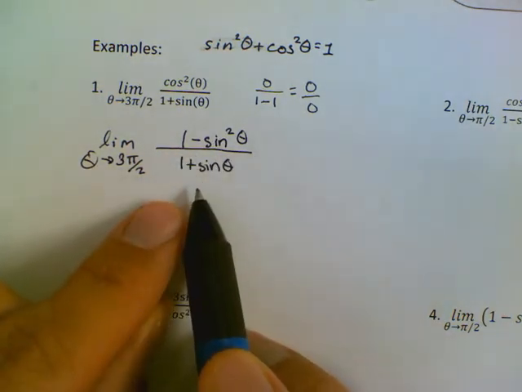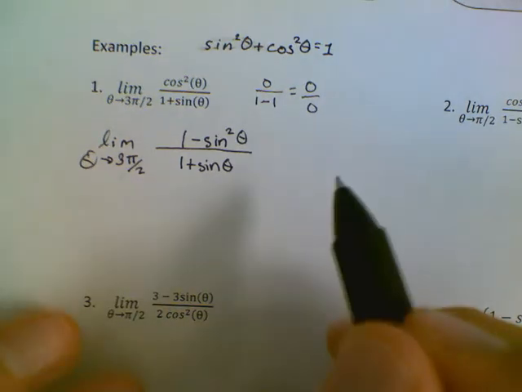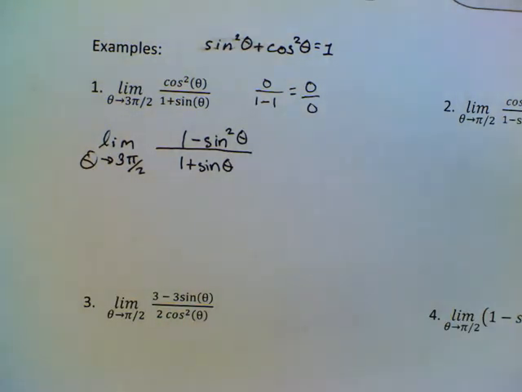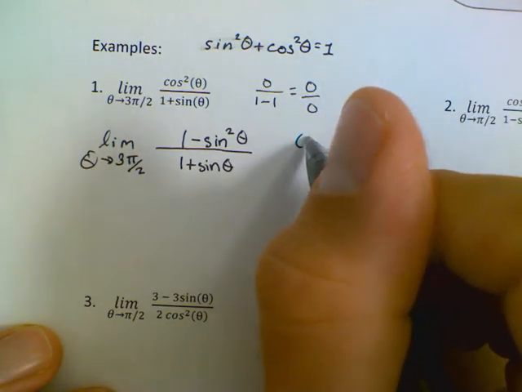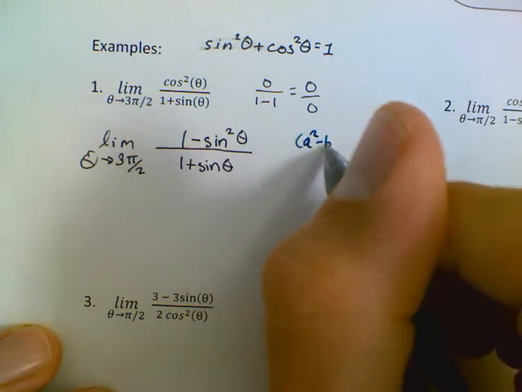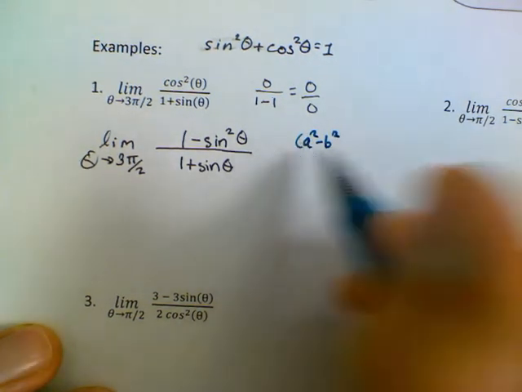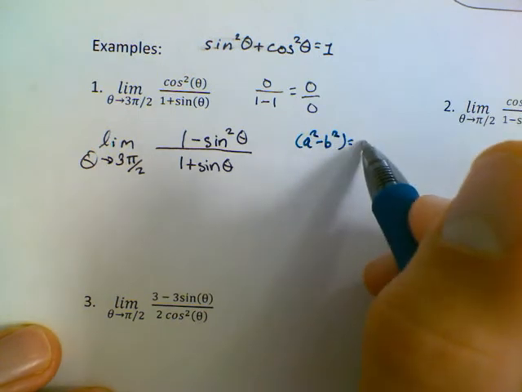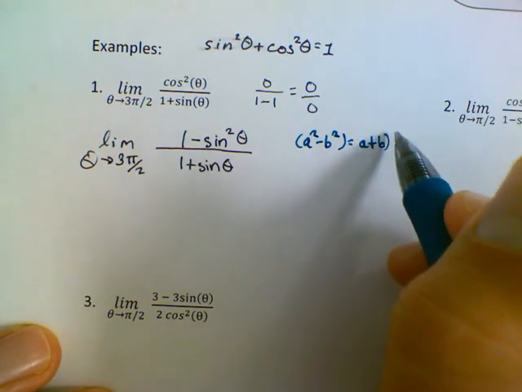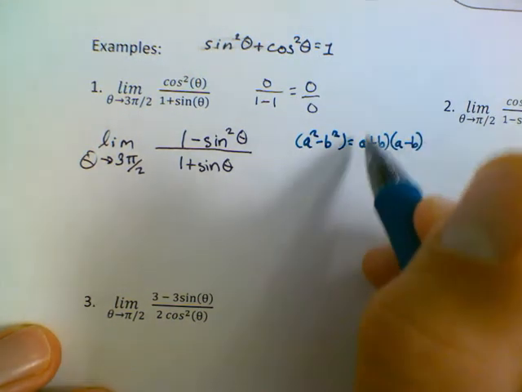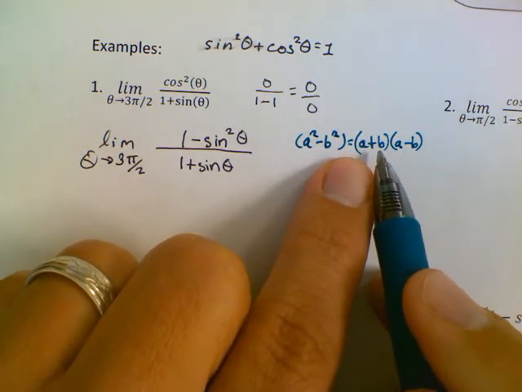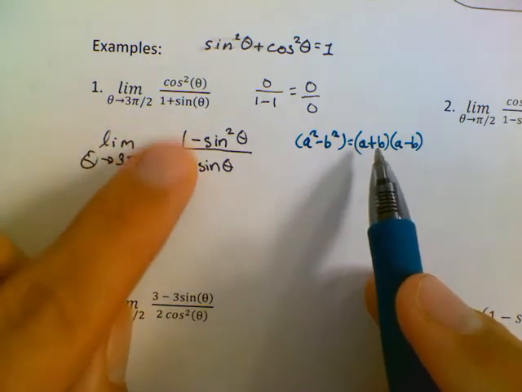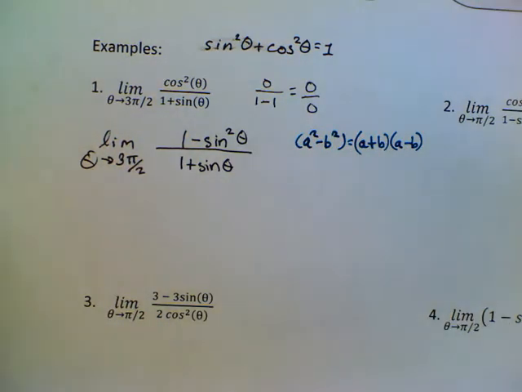Okay, this is really close. Now what I'm going to do is use the difference of squares factoring pattern. The difference of squares factoring pattern says that a squared minus b squared equals a plus b times a minus b. And you can see how this is going to give us a pretty good result, because I'll have 1 plus sine theta on top and bottom, and that'll help me cancel it out.